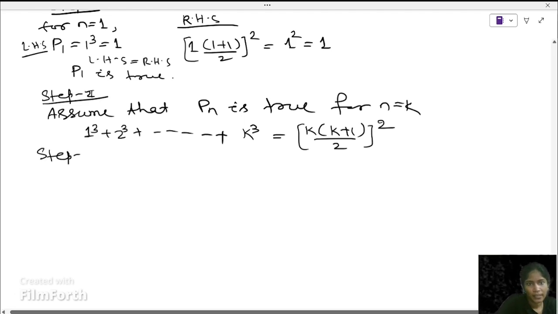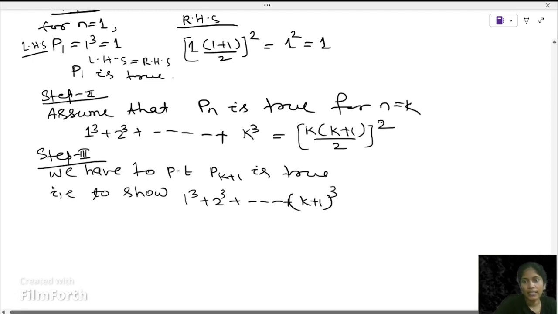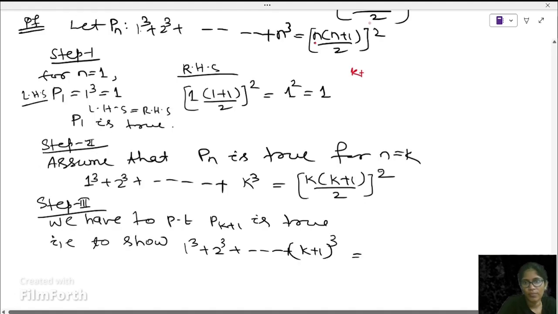Step 3. In step 3, we have to prove that Pk plus 1 is true. That is to show 1 cube plus 2 cube plus up to k plus 1 cube is equal to, we'll put k plus 1 in place of n, k plus 1 into k plus 1 plus 1 by 2 its whole square.